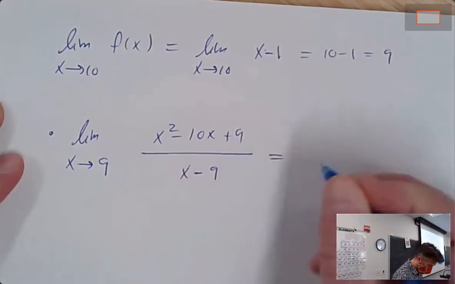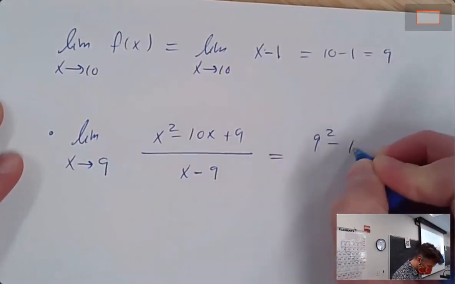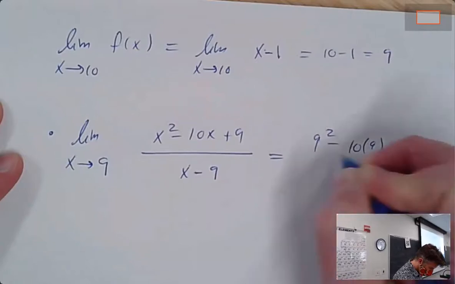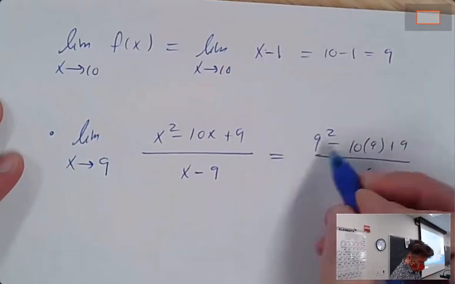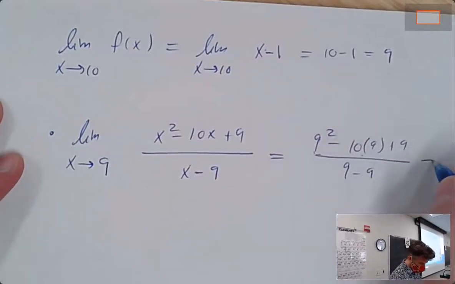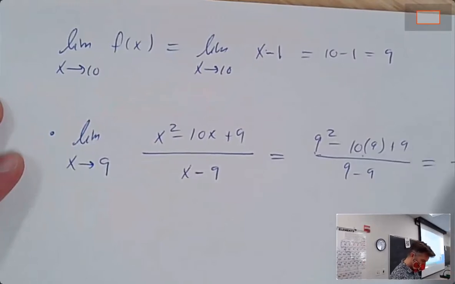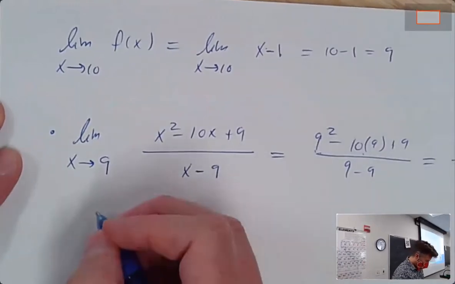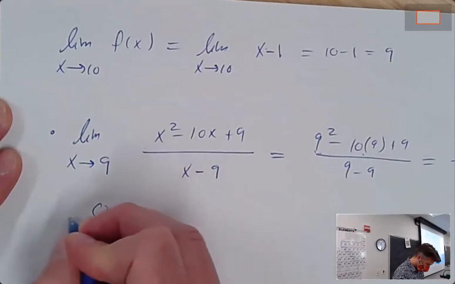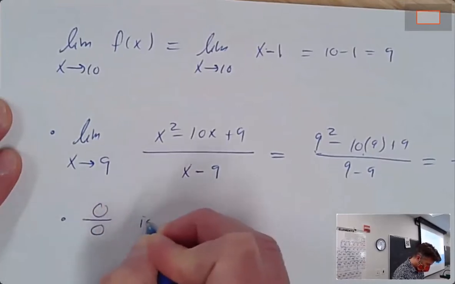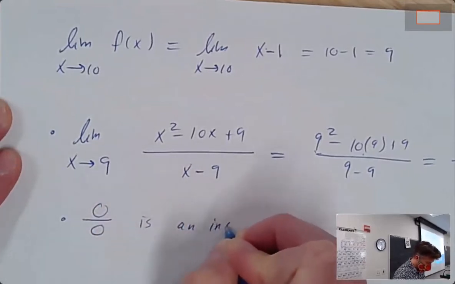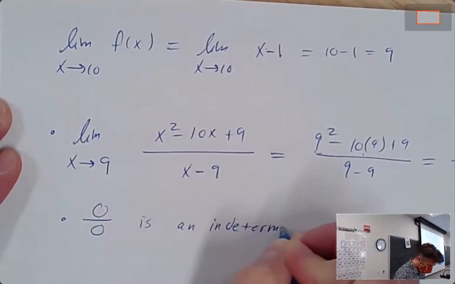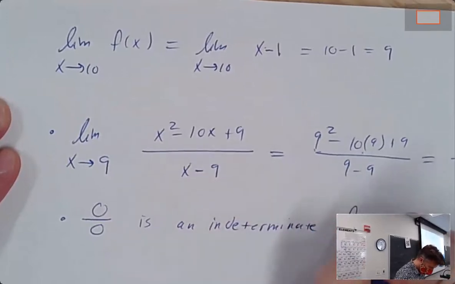So, right, if I plug in 9, I get 9 squared minus 10 times 9 plus 9 over 9 minus 9. 81 minus 90 is negative 9 plus 9 is 0 over 0. And what I would say is 0 over 0 is what's called an indeterminate form. It's one of many.